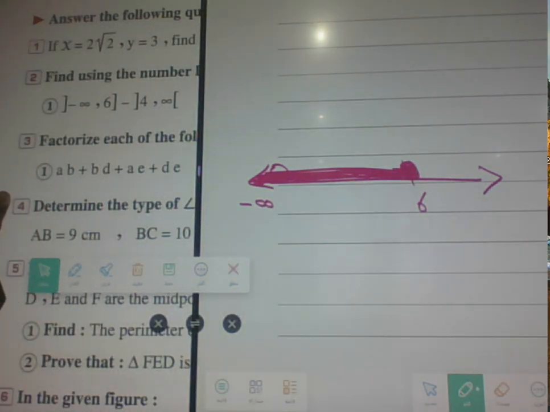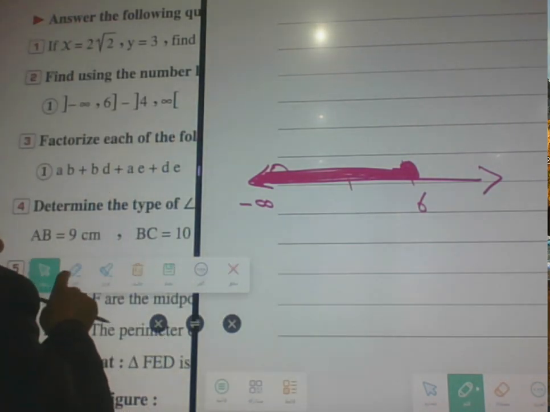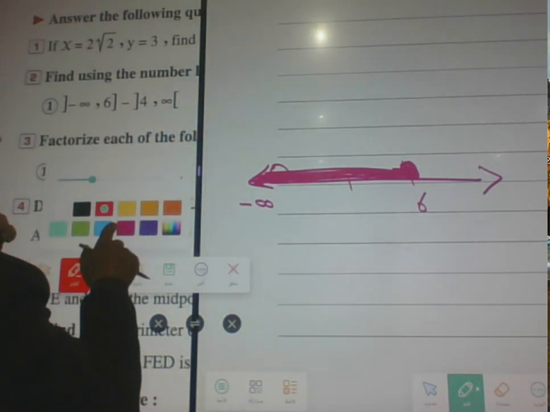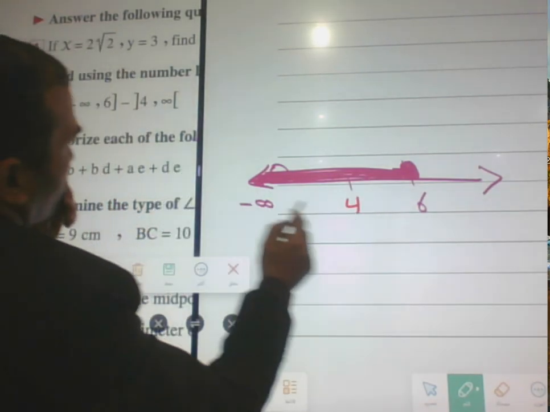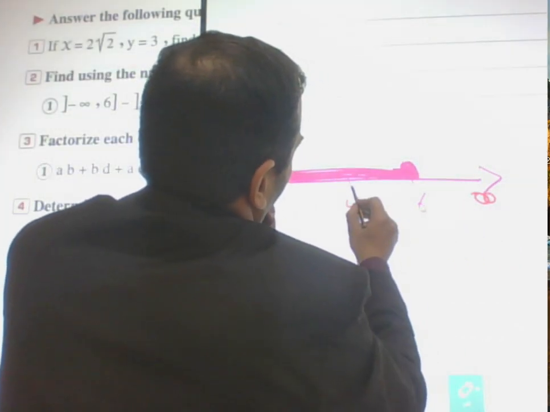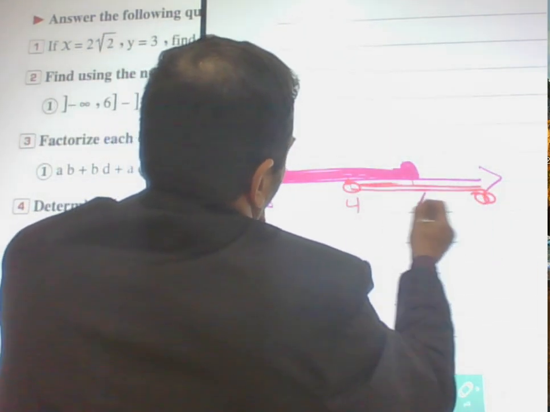And the second interval is from 4 to infinity. I will write 4 down here in another color. We have 4 open, going to infinity, like this.